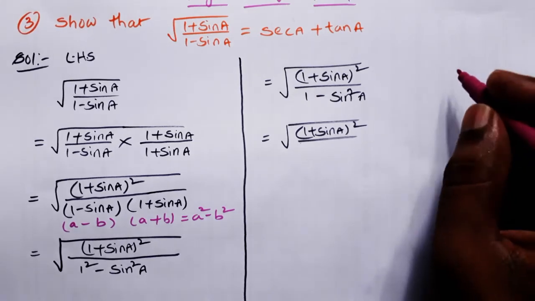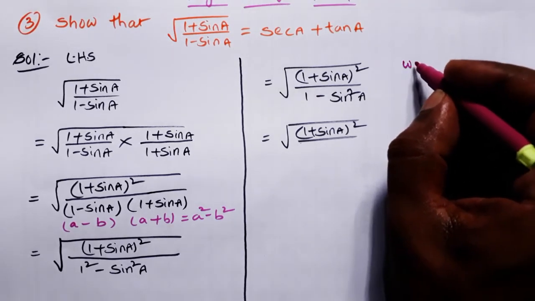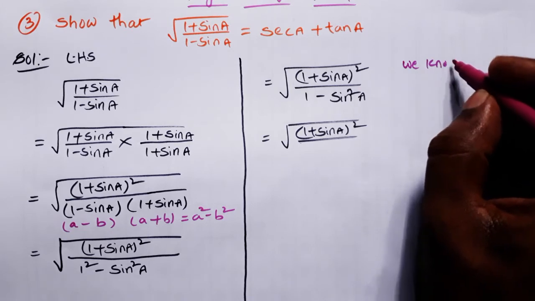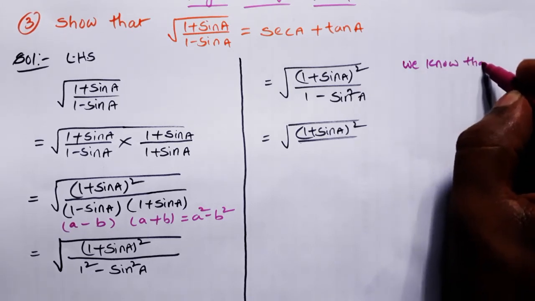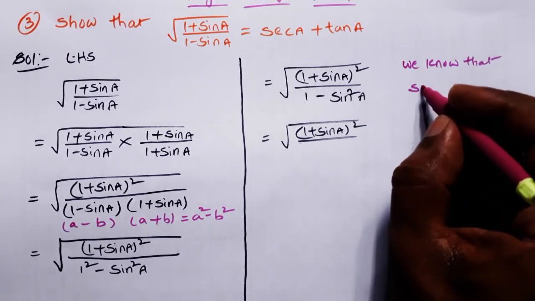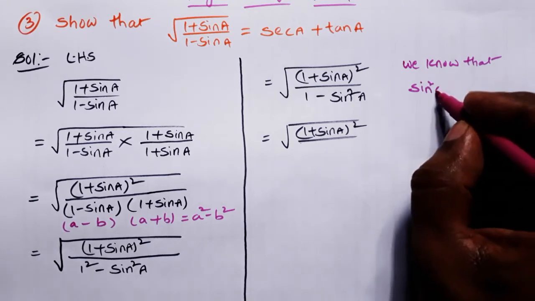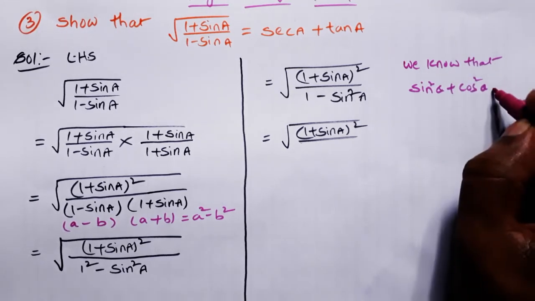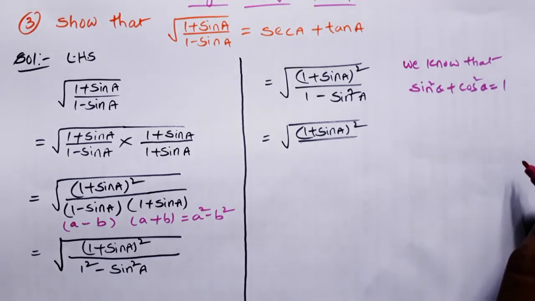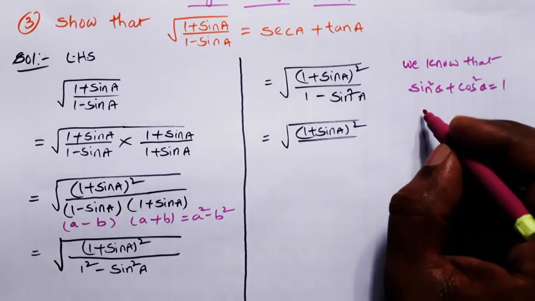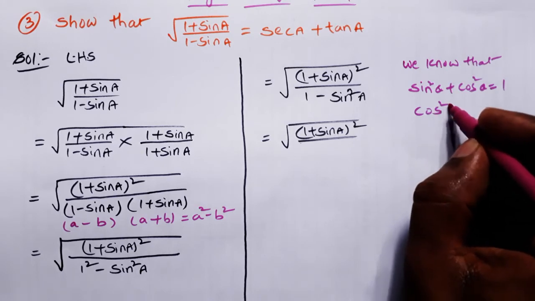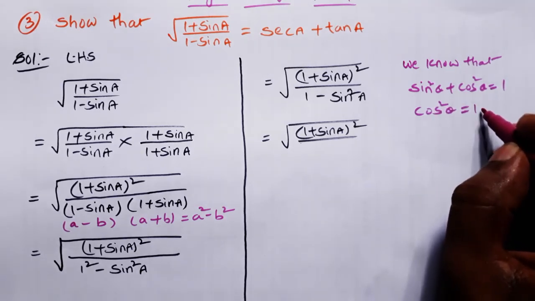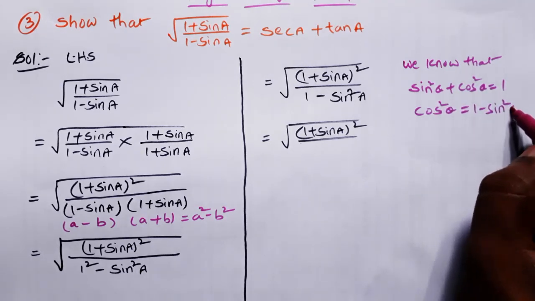So I will write the formula here. We know that sin square theta plus cos square theta equals 1. From this, cos square theta equals 1 minus sin square theta.